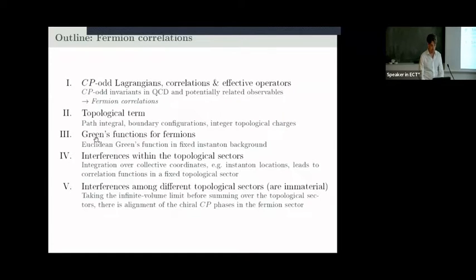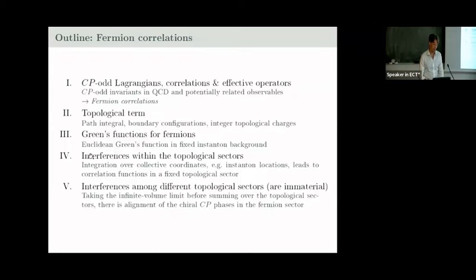First of all, we need to have a Green's function in the presence of a single instanton, and then in the presence of multi-instantons, and then we need to take account of the quantum fluctuations at leading order for these instantons. So we need to make interferences, and first we carry out interferences within the topological sectors.